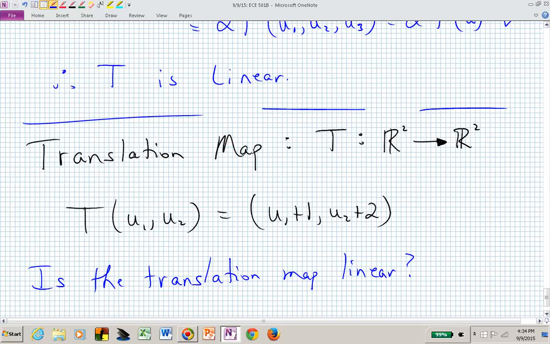Is the translation map linear? Does it satisfy those two properties?